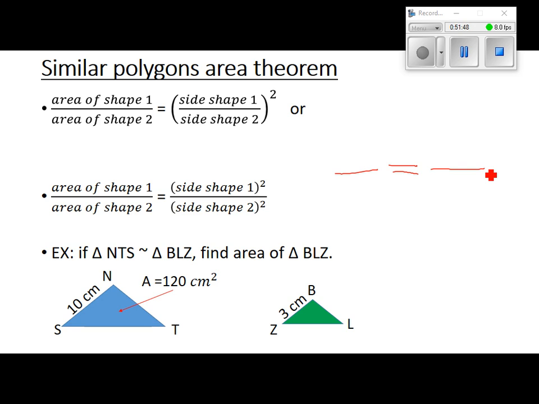You're just going to match it up this way. Area of the first shape compares to area of the second shape, side of the first shape squared, side of the second shape squared. Do we know the area of the first shape? Yeah. What is it? 120. So write 120 on top there. Do we know the area of the second shape? So I'm just going to put A to stand for area.